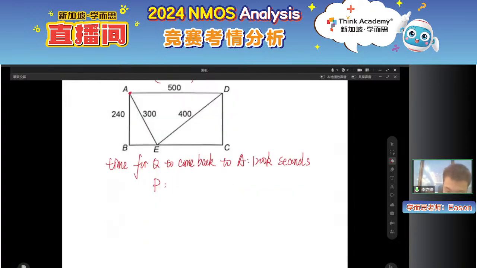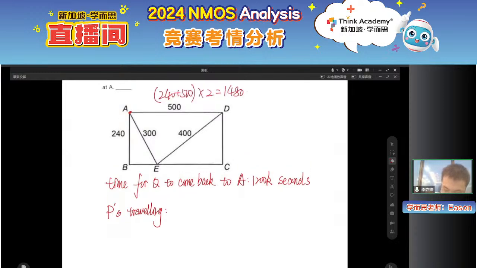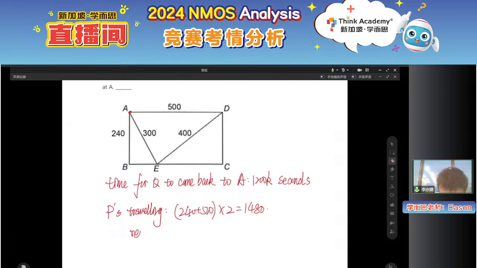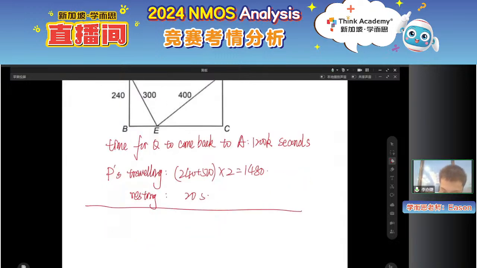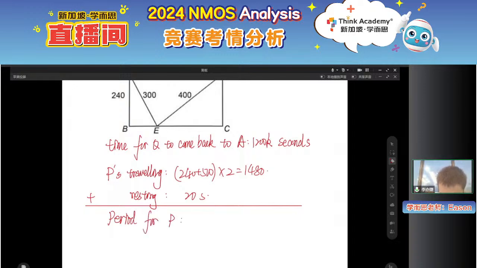So P's travel time is 1480, but P's resting time is 20 seconds. Adding them together, the whole period for P would be 1,500 seconds to finish one period.